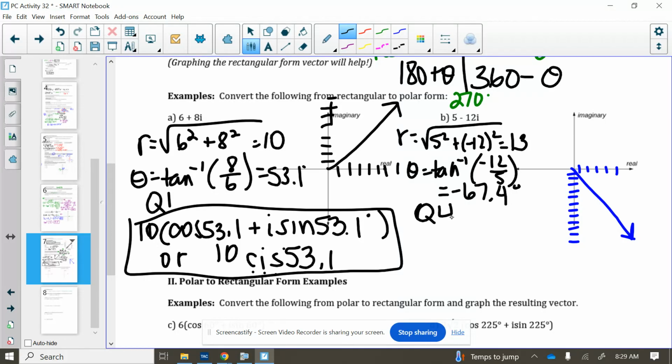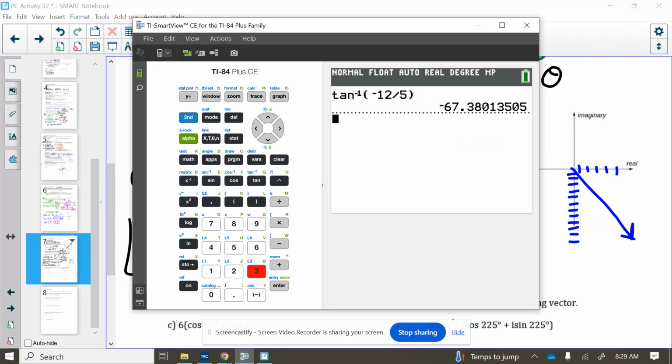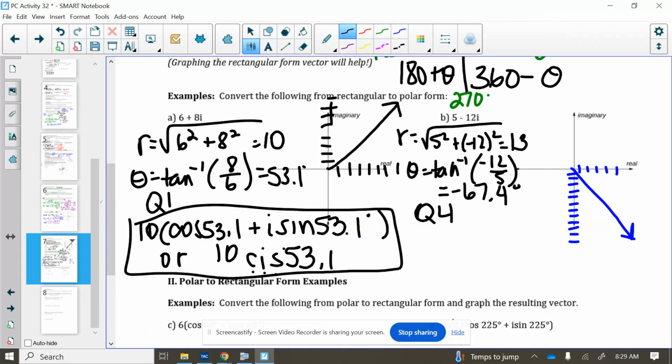So officially that negative 67.4 could work out. Sometimes you're going to see though that we like to write this between 0 and 360. Officially both should work. But again, 360 minus theta would give us 292.6 as our value there. We can use that as our theta.